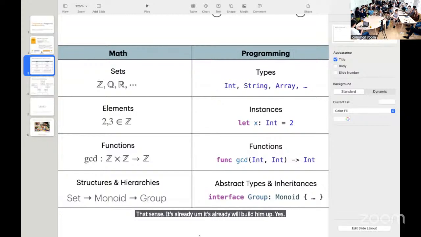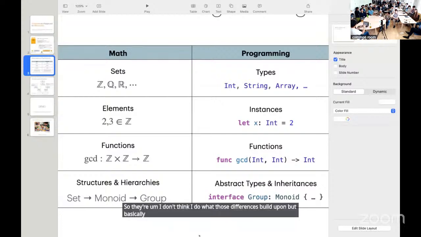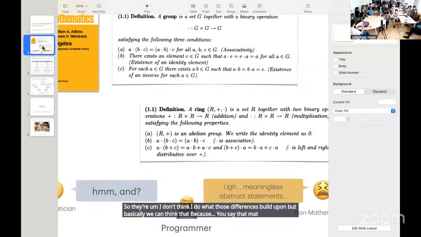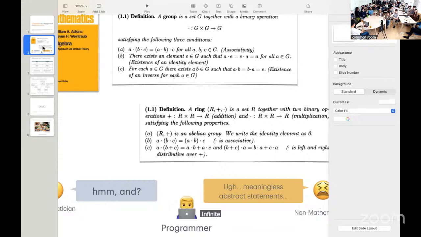There are very complicated differences, but basically we can think that we say mathematics handles the infinite, but these mathematical books are written in finitely many pages.